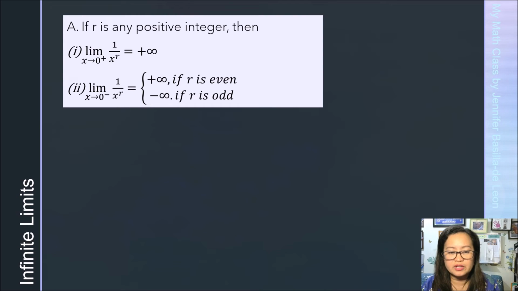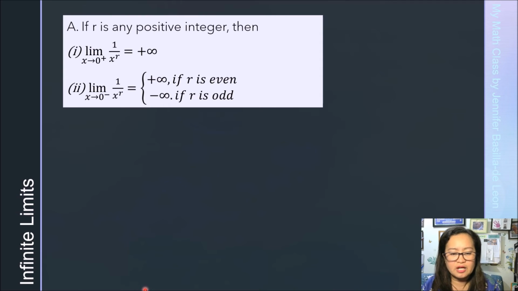But as you can see here, the value of x approaches 0, it cannot really be equal to 0. So hence, we would use the graphical method instead of evaluating the given limit at f of a.